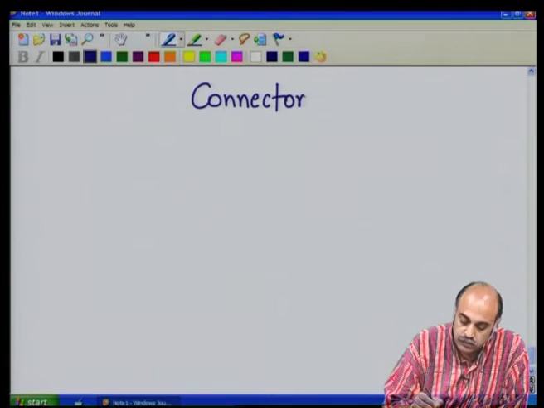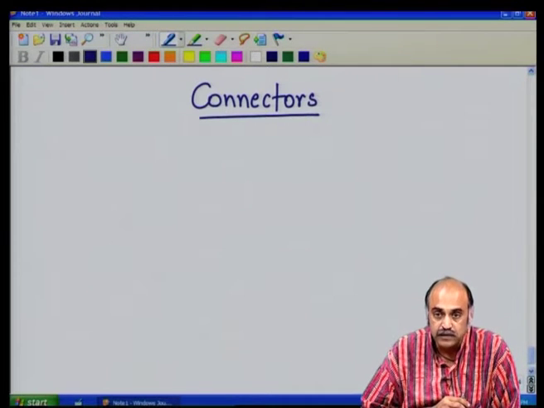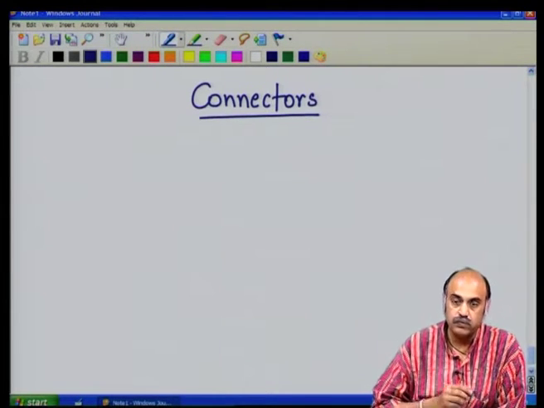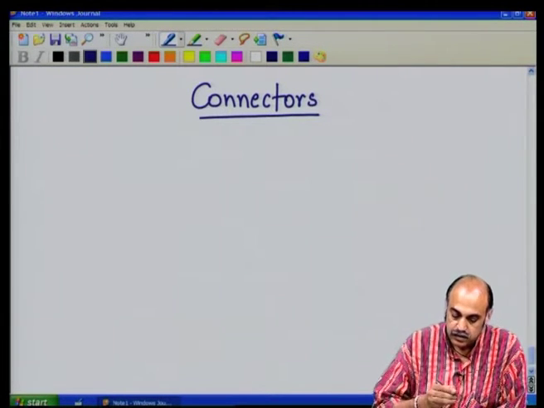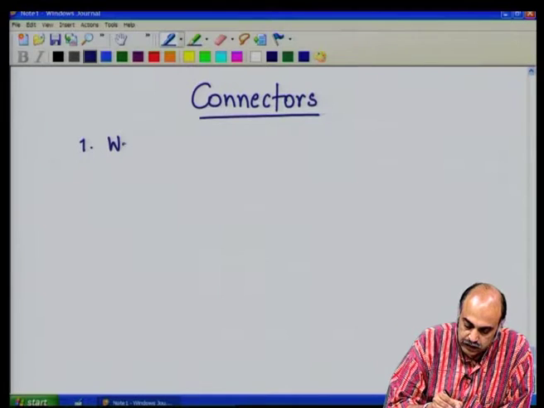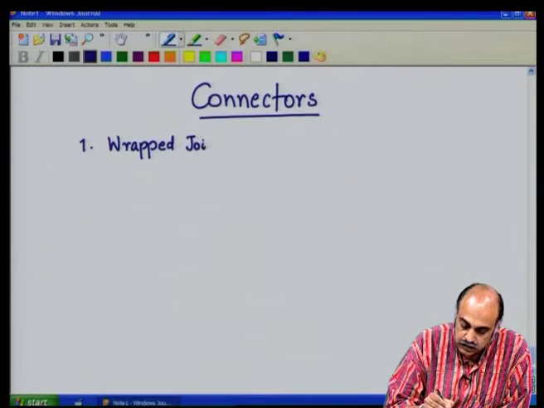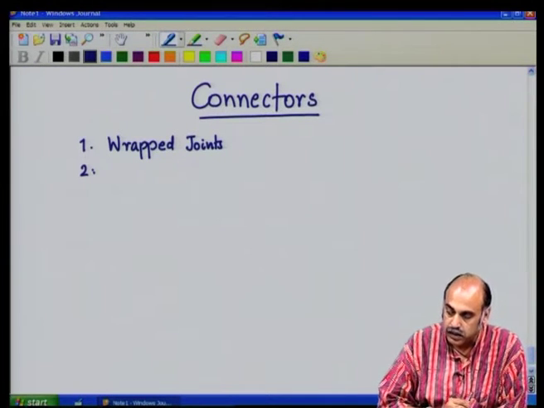Connectors are sometimes, from the reliability point of view, the weakest link reliability wise. So, that is what the mill standard would say. So, there have been various connectors. If you put them on a list, you would have the wrapped joints, which is supposed to be the most reliable, reliability wise.